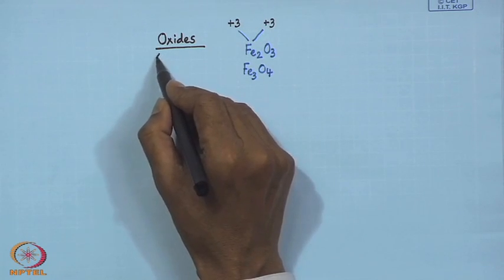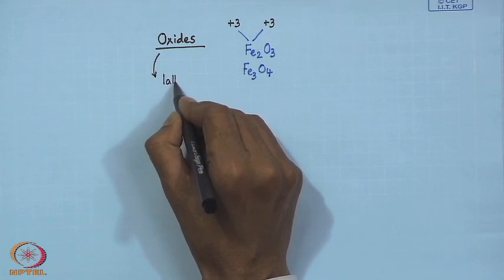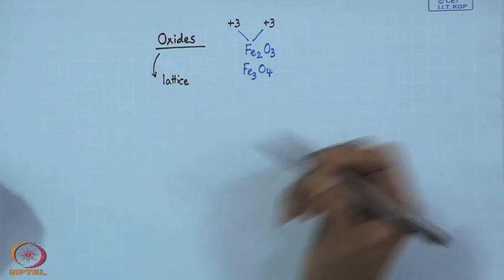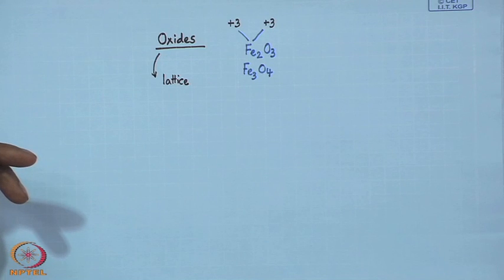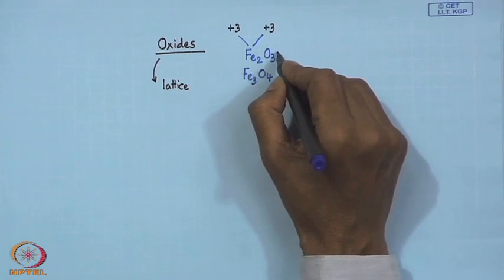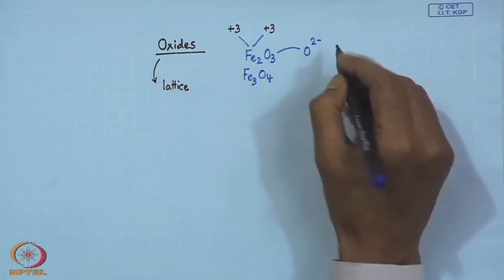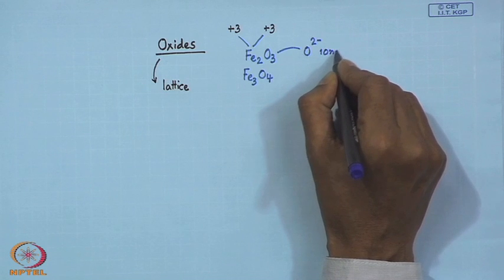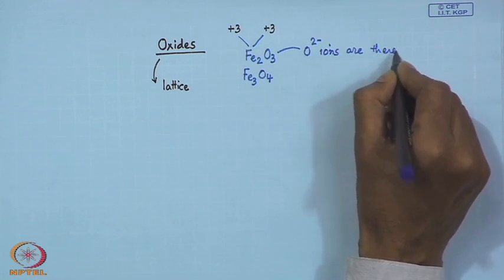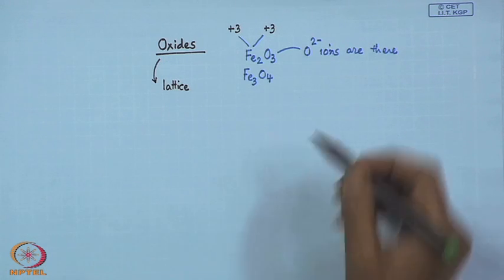So, we have the oxides, so we can have the corresponding oxide lattice also in our hand, and several of these oxide anions are closely packed in the solid state. So, O2 minus ions are there which are closely packed.